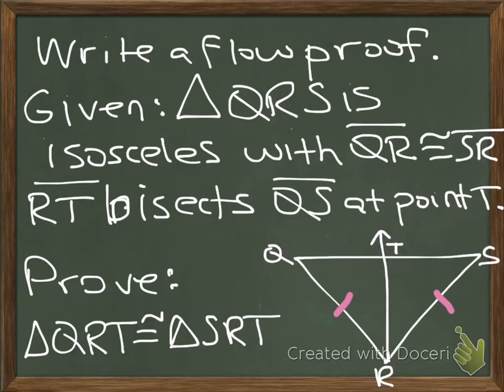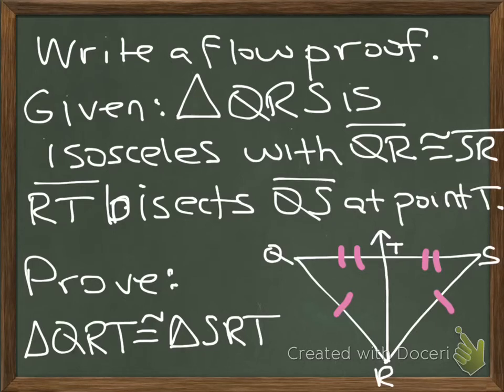QR is congruent to SR, and that basically is what I just put. And then RT bisects QS at point T. So if RT is bisecting QS, that means QS is going to be two equal parts. So I'm also going to label those two parts as congruent.